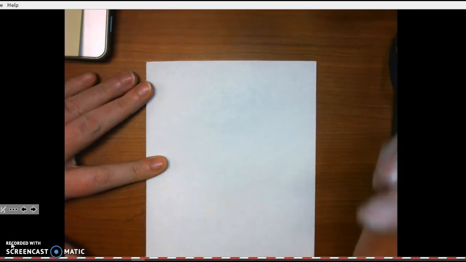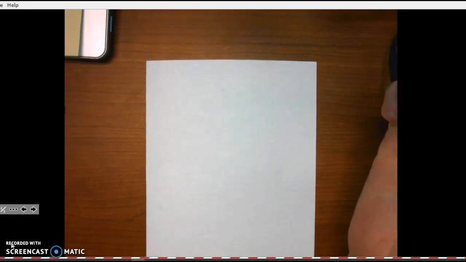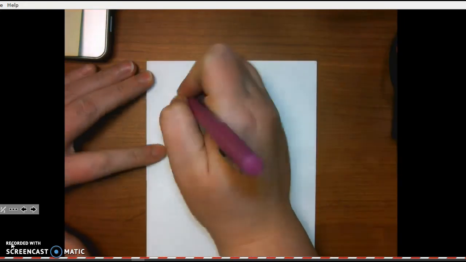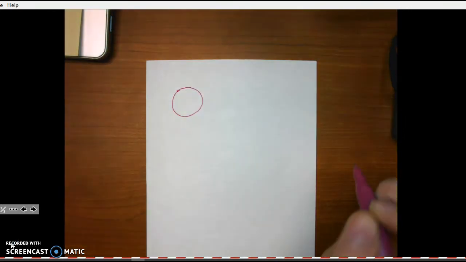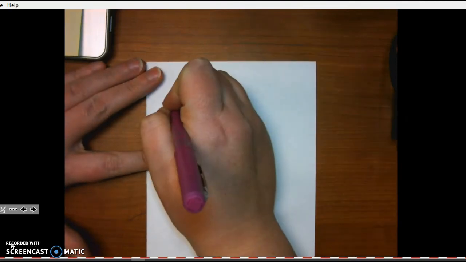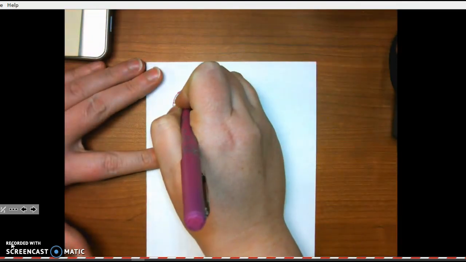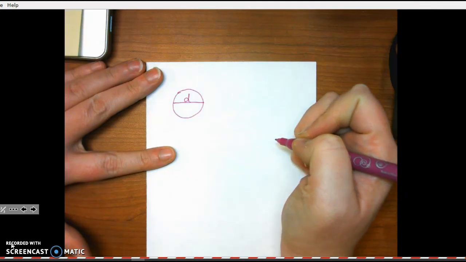Okay, before we get started, I want to make sure that everybody understands exactly what pi is. And I'm not talking about the apple or cherry kind. This is a circle-ish, okay? And this is our diameter when it goes right across the middle.